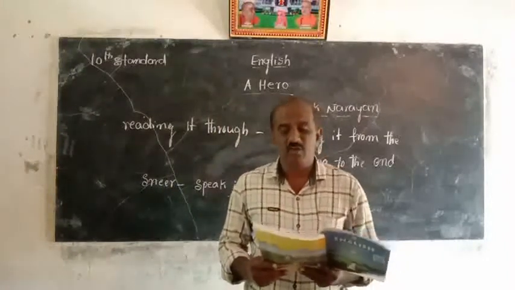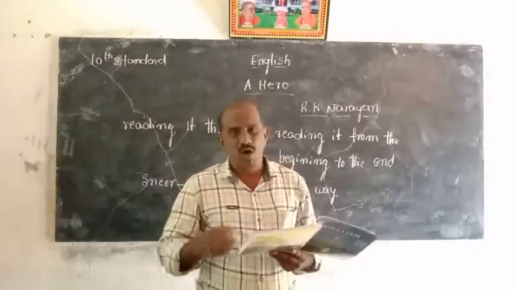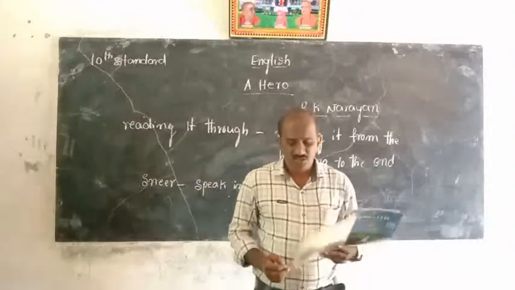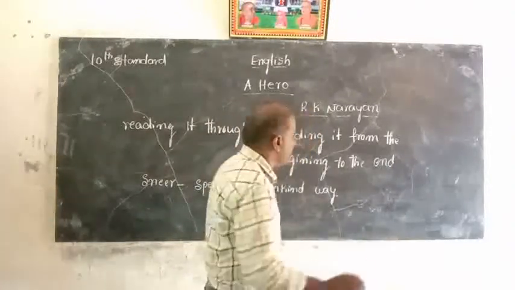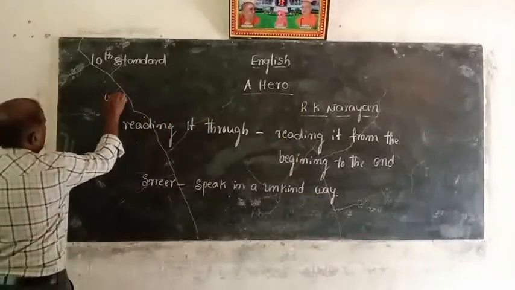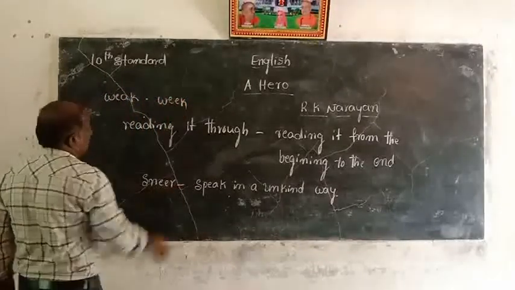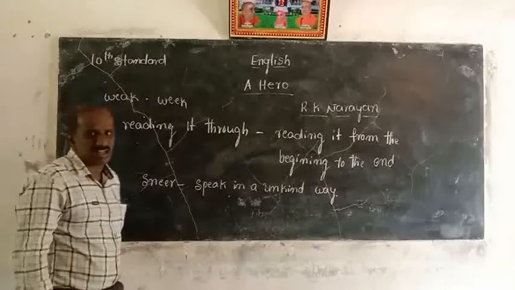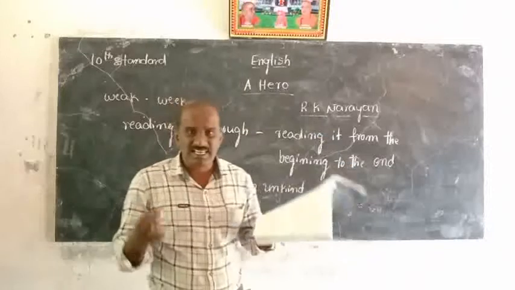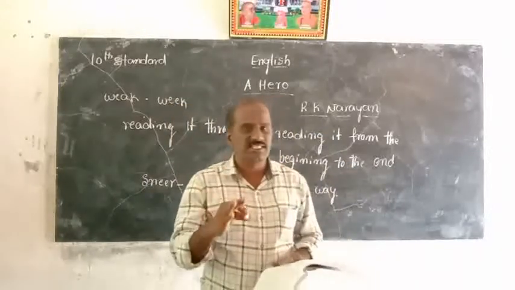He mumbled weakly. Mumbled means in a low voice. Mumbled weakly. Here you observe that W-E-A-K, weak, and W-E-E-K, week, are homophones. It means the spelling is different and the meaning is different, but the pronunciation is the same.